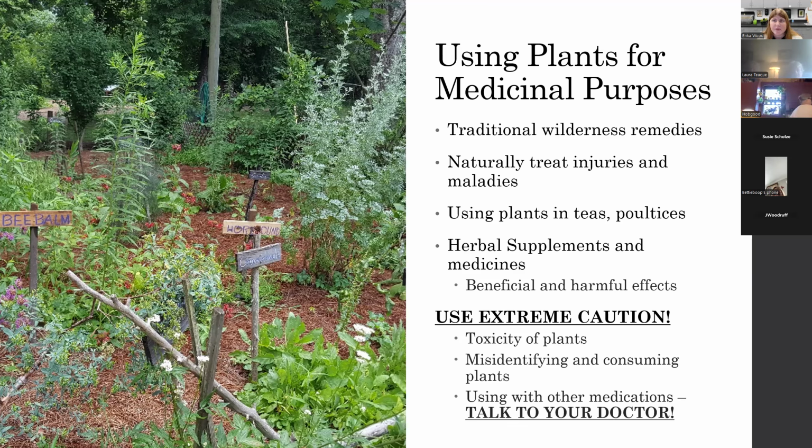We may use these as a nutritional supplement if we feel like we're missing something in our diets. Now, of course, as I get into talking about these plants, I always want to use caution. First off, I'm not a doctor, and so I am not providing any medical advice. If you have questions about whether any of these plants might be used for different medicinal purposes or ailments, for any conditions you may have, you'll want to talk to them.